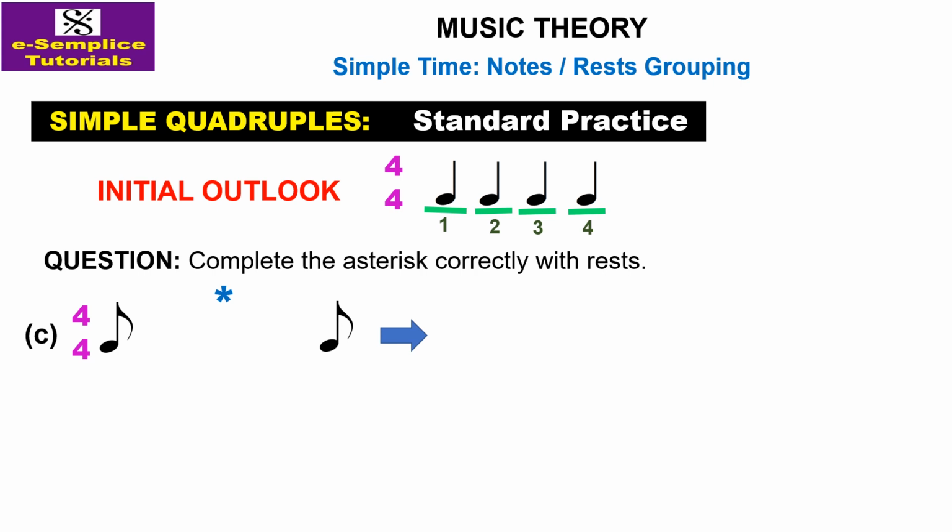Complete the asterisk correctly with rests. You are given a quaver first. Now, is this grouping right or wrong?